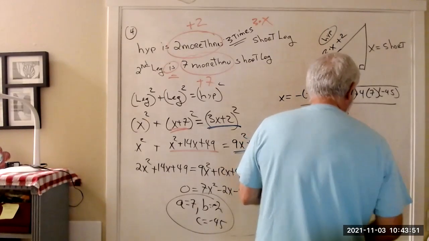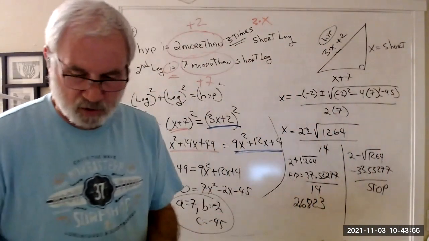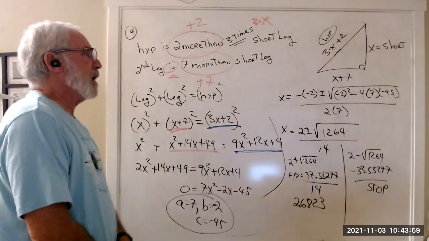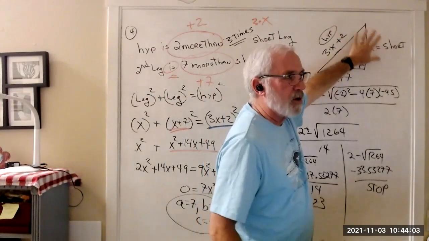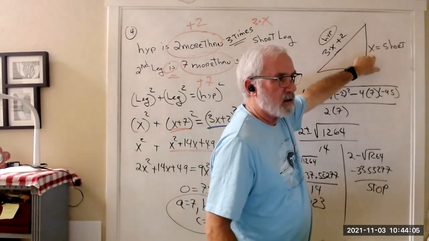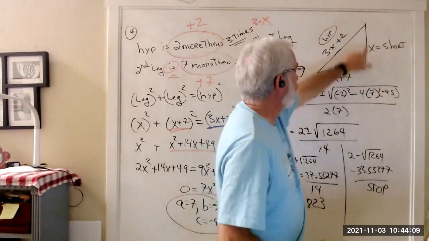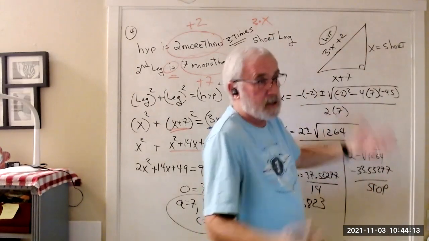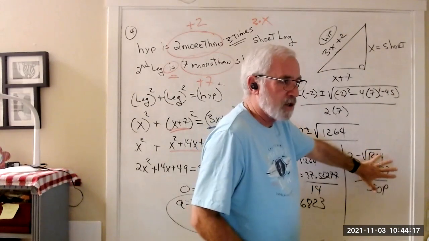Why do I not have to do any more work? The answer can't be negative. Right, on a triangle, x is the length of the shorter leg. You can't have a negative length, whatever you do. Even when you divide by 14, it's still going to be negative. So this whole thing here is rejected.